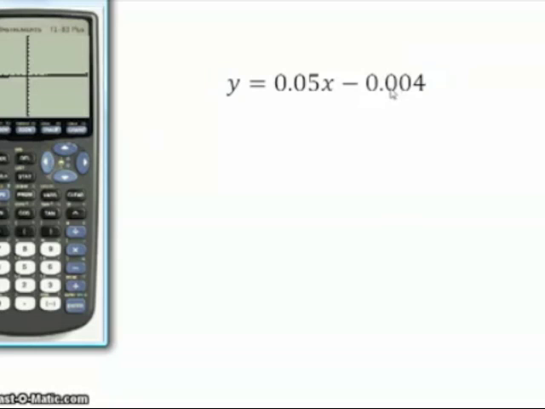Now using that y-intercept, knowing that the y-intercept is there, I might go ahead and make my window range for y a little different. I might make it smaller, make this -0.01, and make it square, so make the top the same as the bottom.